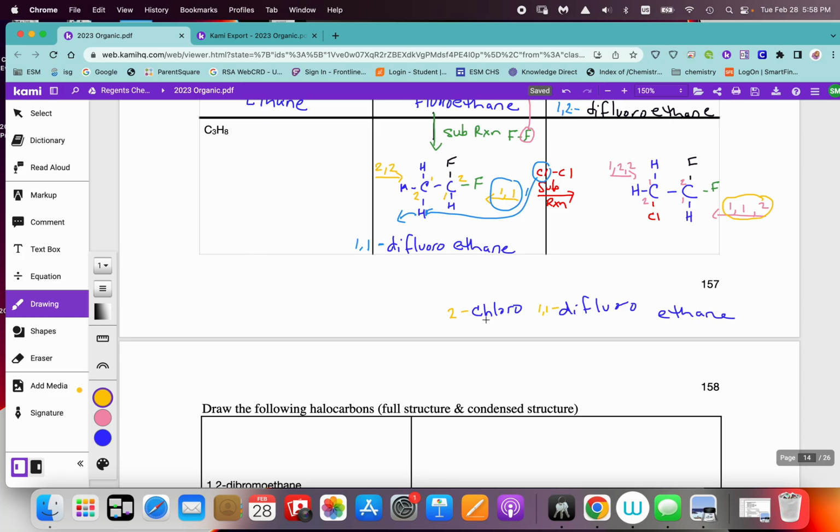So chlorine, C, comes before fluorine in the alphabet. So the final name of this one would be 2-chloro-1,1-difluoroethane. So this just gives you ideas of how you need to approach these. A little practice goes a long way.